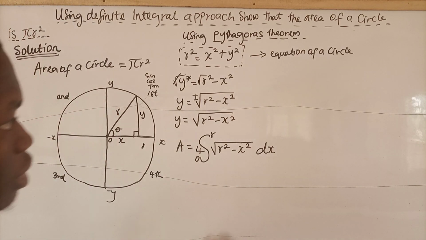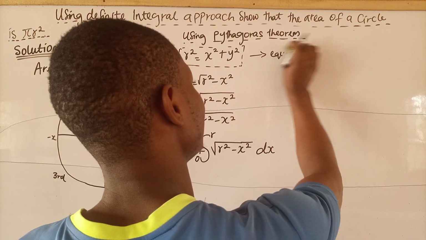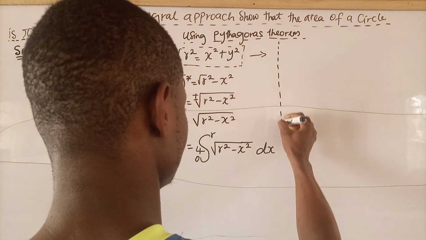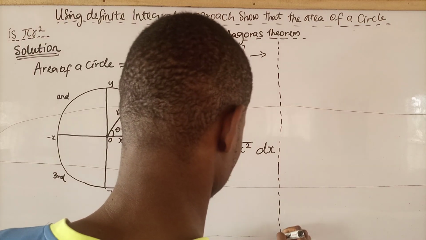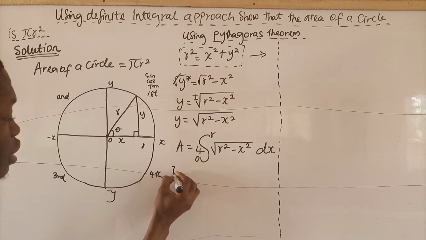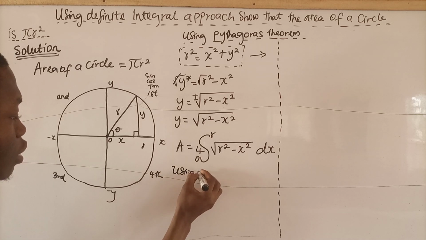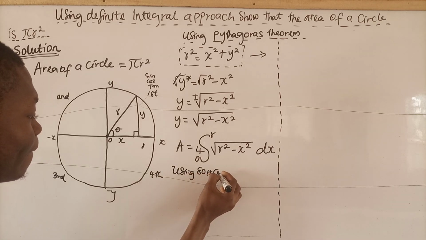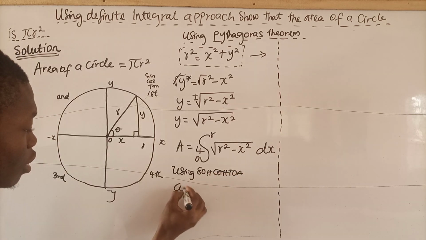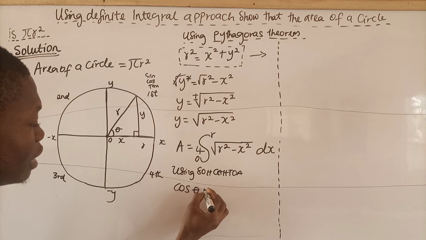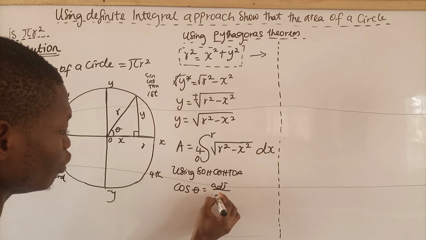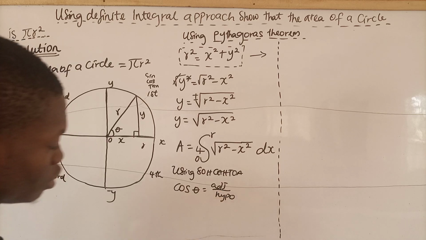Let me clean this side, okay, to make it easier. We are going to use SOHCAHTOA. We know that cos theta is equal to adjacent over hypotenuse.